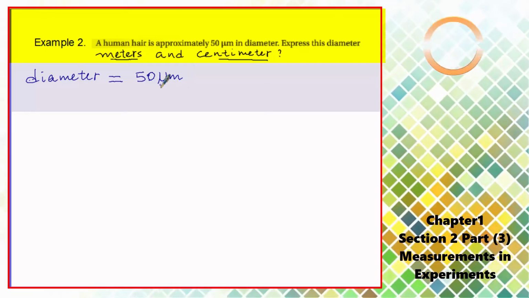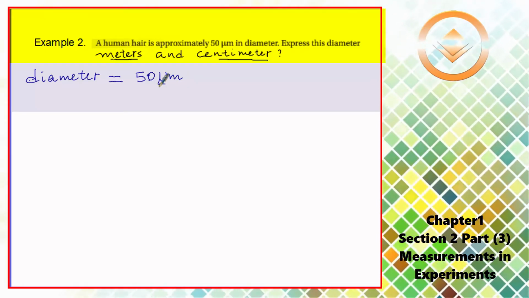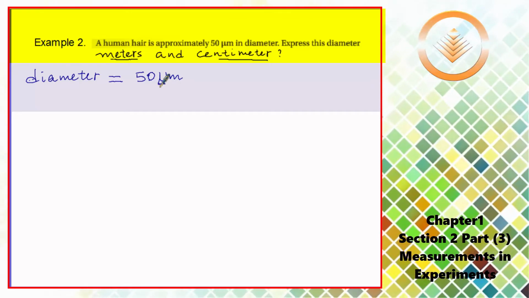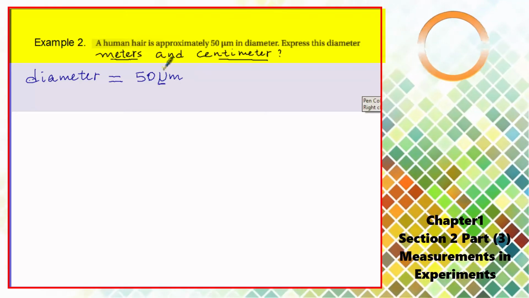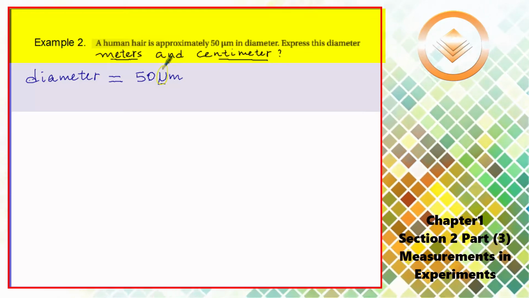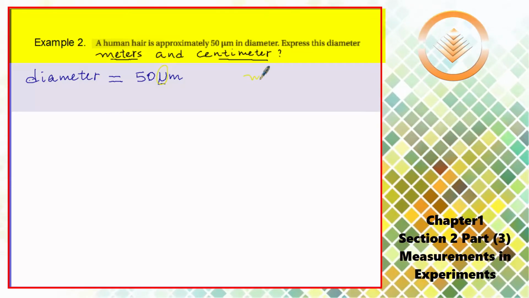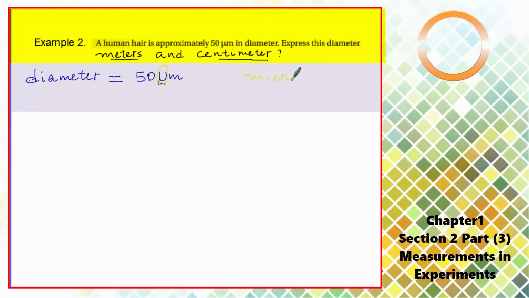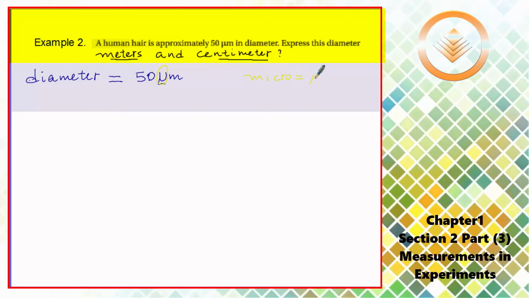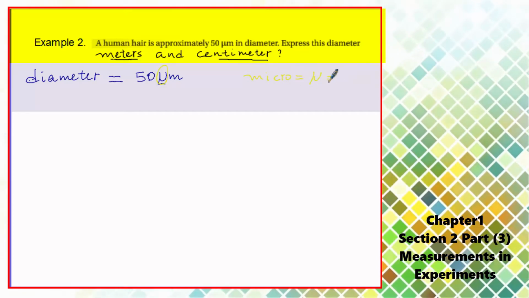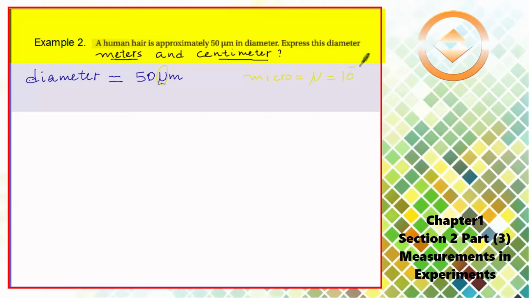So here what you have to do is you have to know the meaning of micro. Micro is a prefix which belongs to the Greek word mu, which is the same as 10 to the power of negative 6.